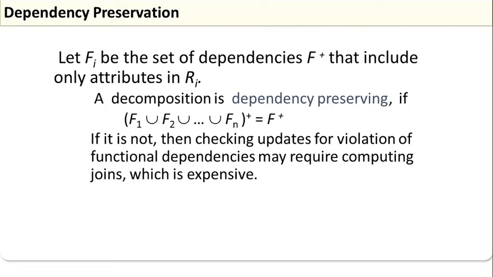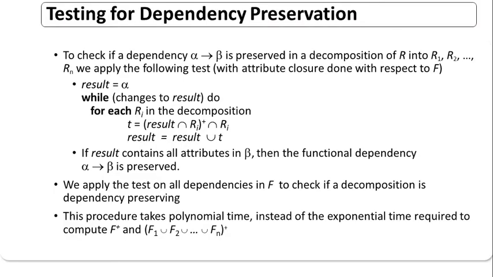If it is not, then checking updates for violation of the functional dependency may require computing joins, which are expensive. To check if dependency alpha to beta is preserved in a decomposition of R into R1, R2, and so on up to Rn, we apply the following test. Result is equal to alpha, then the result changes. Of course, the result is null.